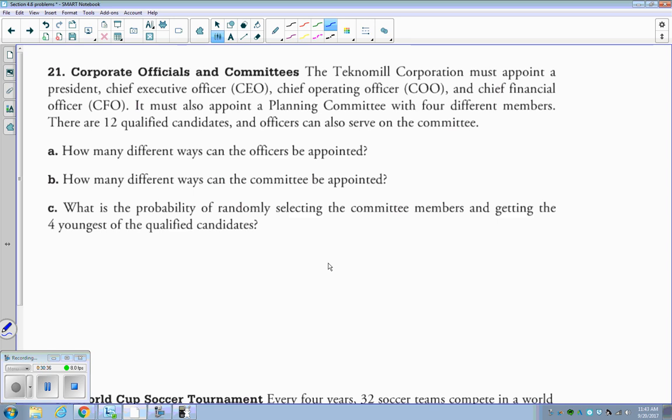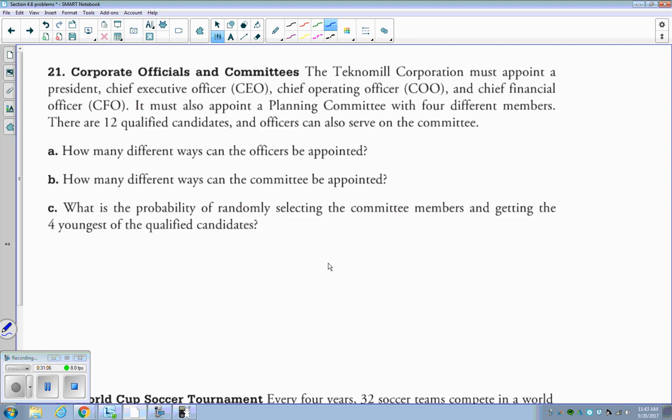So part A, how many different ways can officers be appointed? Is that a permutation or a combination? It is a permutation, because the first person I select is going to have the role of president. The second person is going to have the role of chief executive officer, and so forth. So that order makes a difference.